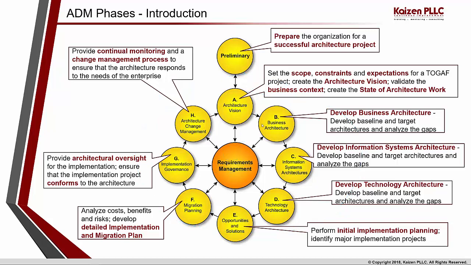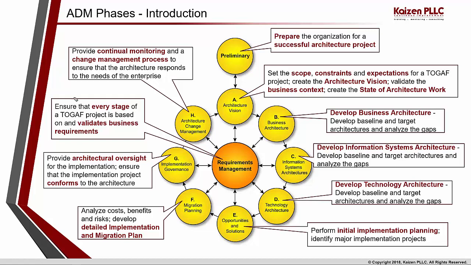Okay, as you can see here, requirements are identified and selected as part of the architecture capability, and then scoped out, and then detailed out, planned, implemented, and monitored and controlled. Okay, so requirements management is the key phase of the ADM phases.